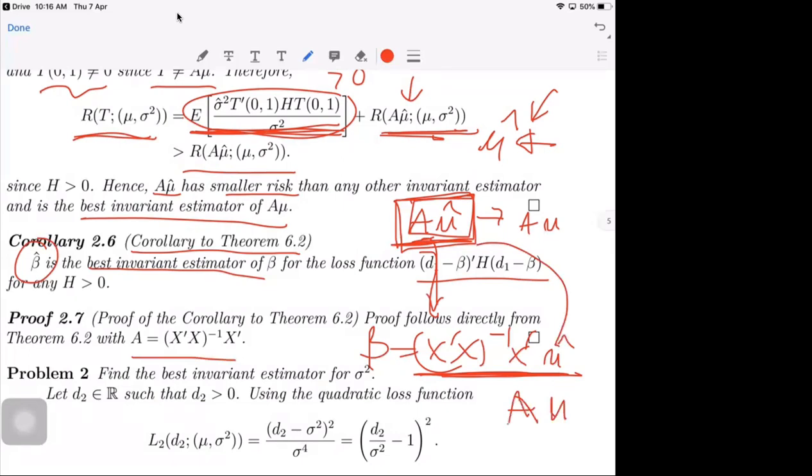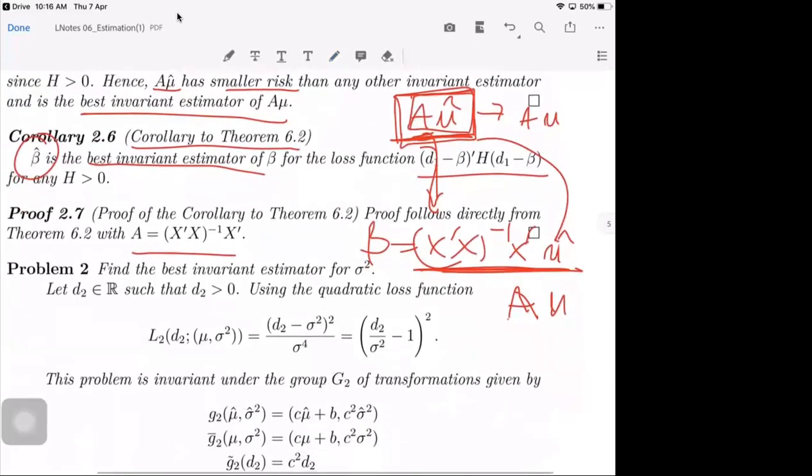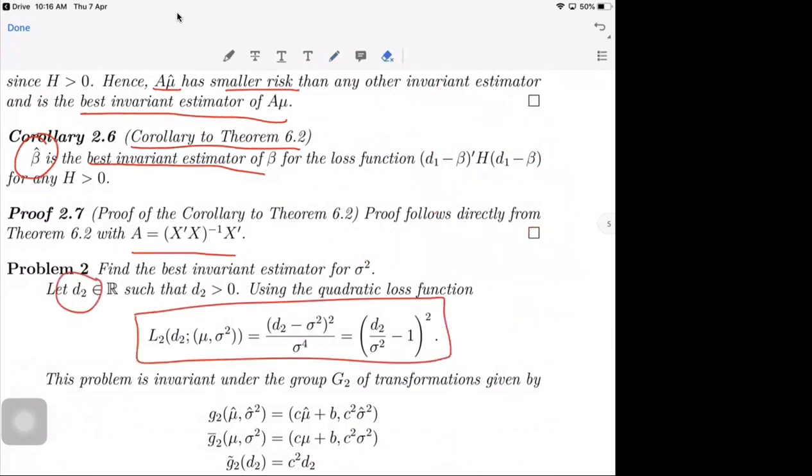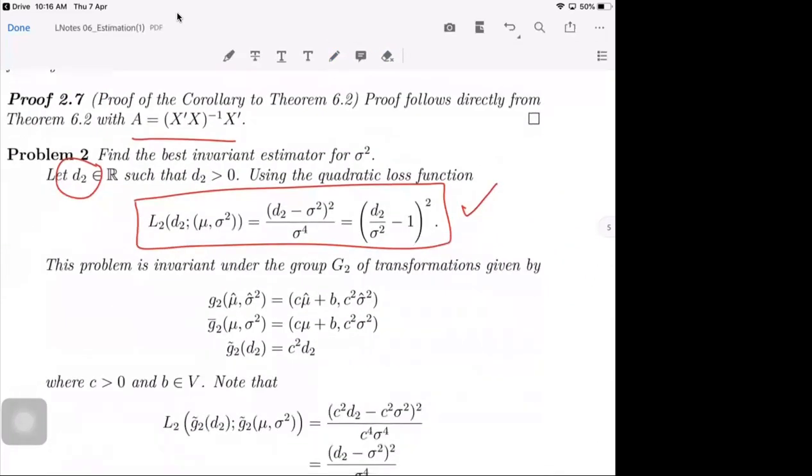Okay, so if we have another type of loss function, so for example, here we have the same estimator but your loss function is like this. So the group of transformation is different again. So the group of transformation will depend on your loss function, no? So if this is your quadratic loss function, this is how your quadratic loss function is defined, then the group of transformation will be G2.